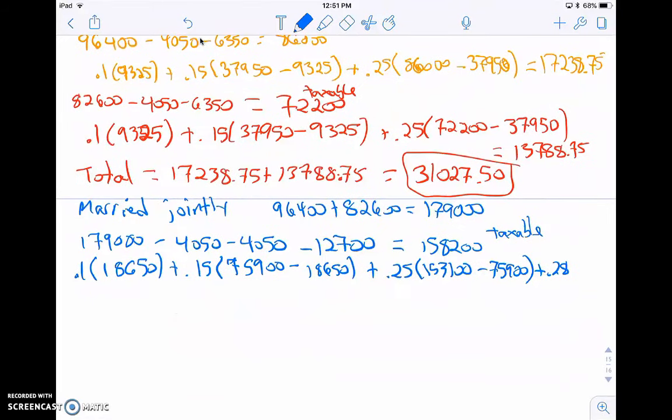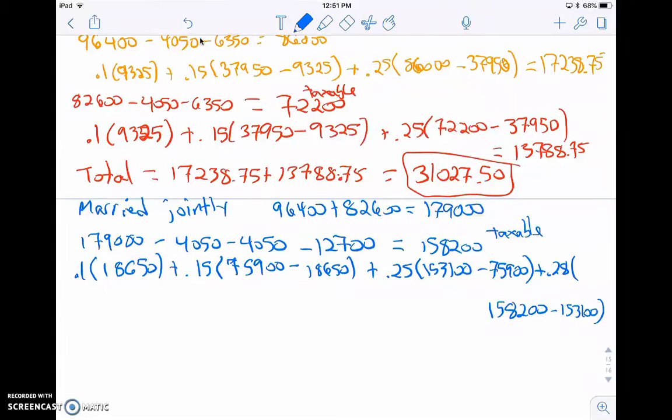So the 28%, so it'd be 28 times. I'm going to have to write this down below here. And their number is $158,200 because that's how much they make. The threshold for the 28% goes well above that, but they only made $158,200, and then we minus that lower threshold, $153,100.